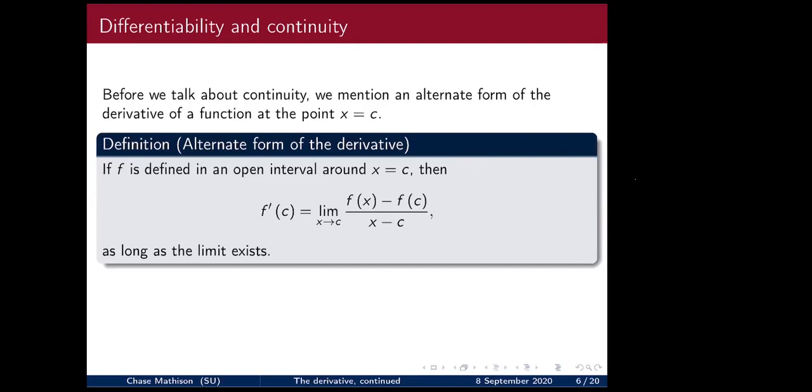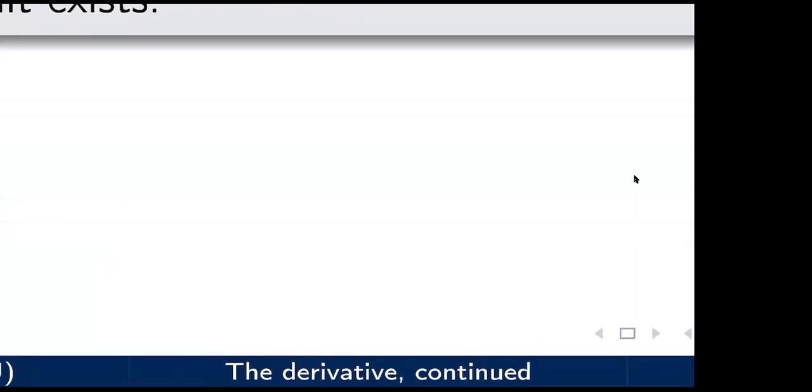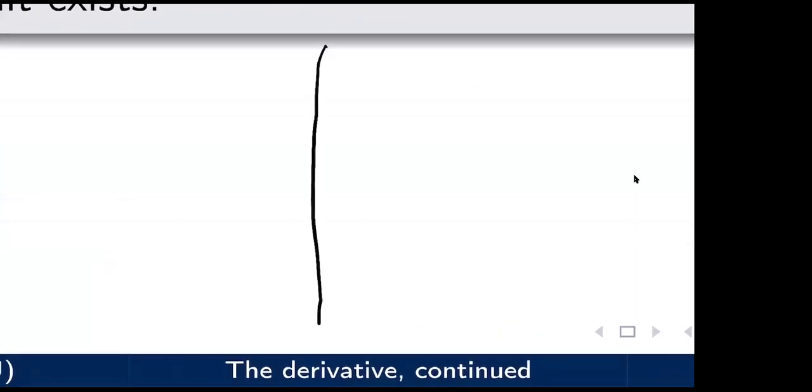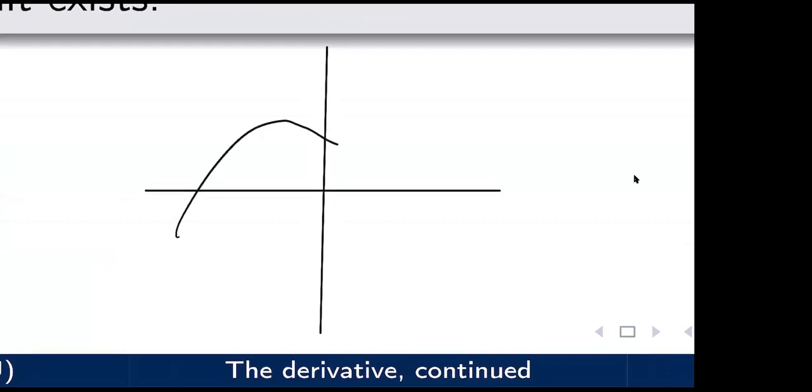And so this is just saying, instead of before when I looked at the graph of a function and I was trying to define the slope of this curve at any point.